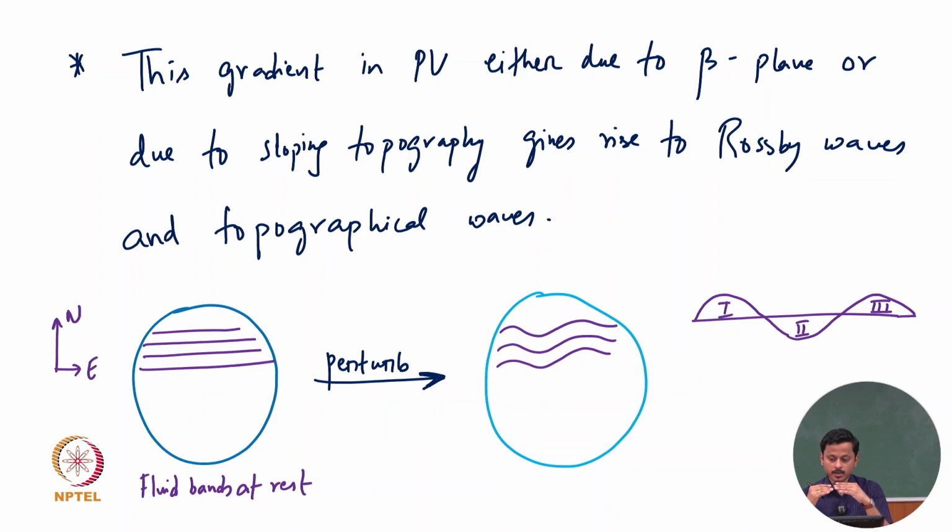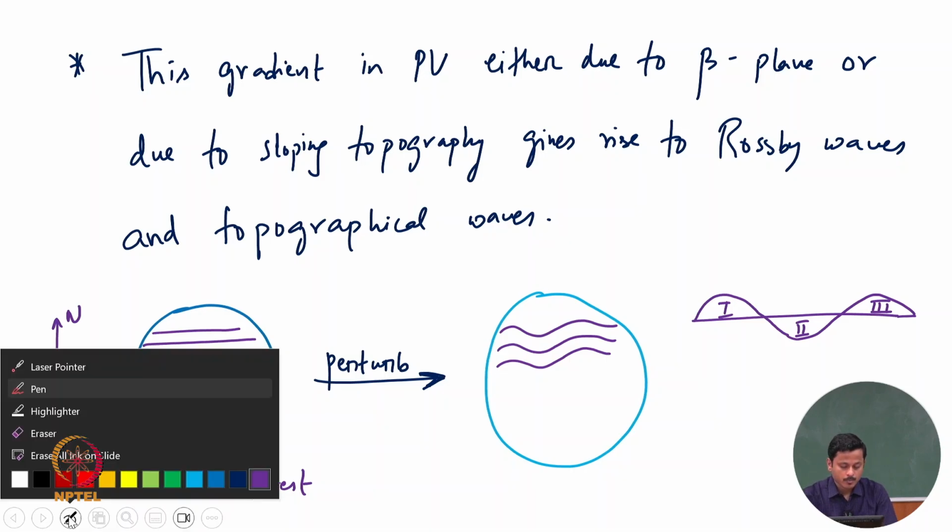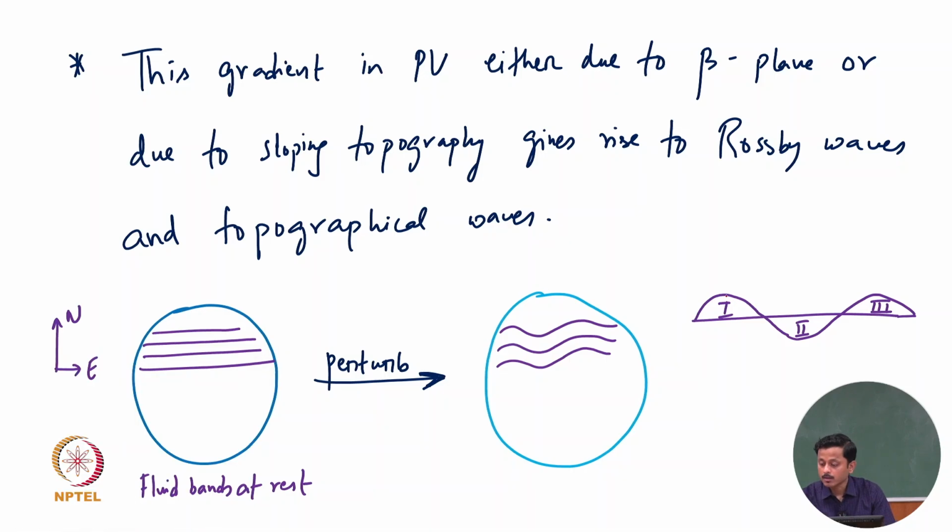Now the planetary rotation at the different location is different from its initial location. Let's say you have two imaginary locations A and A prime. The planetary rotation at A is different from the planetary rotation at A prime.